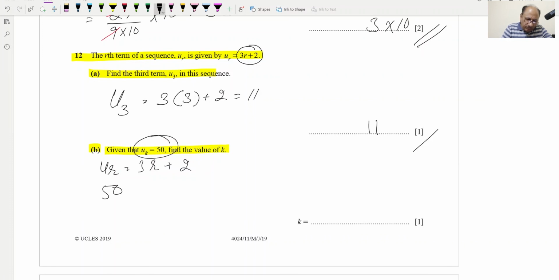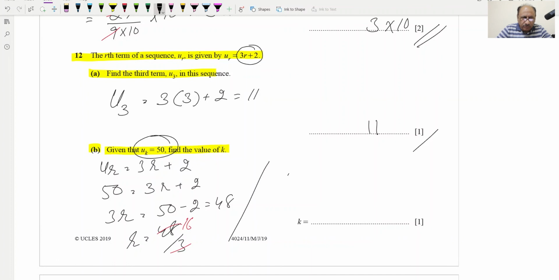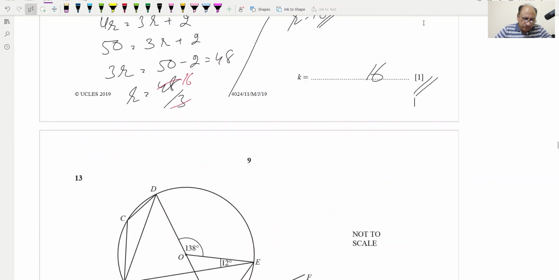So 50 will be equal to 3R plus 2. We can find the value of R. So 3R is equal to 50 minus 2, which is equal to 48. Now the R value will be equal to 48 over 3, which we can cancel, and this will be 16. So the R value will be equal to 16. This will be the final answer, which we can write. This is the 1 mark part which we have done.